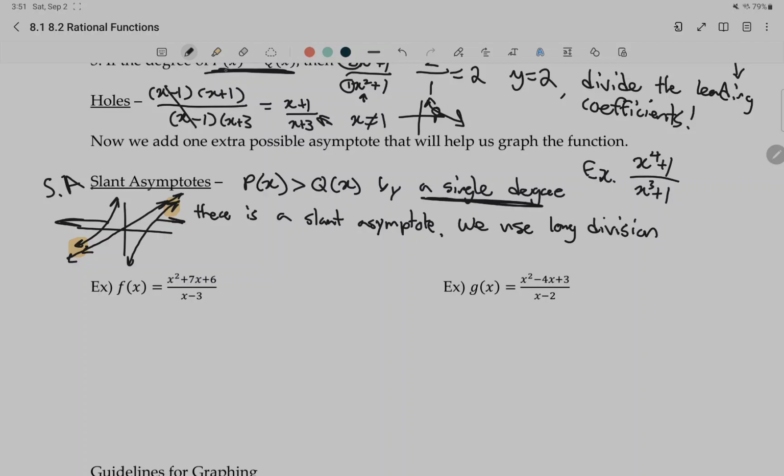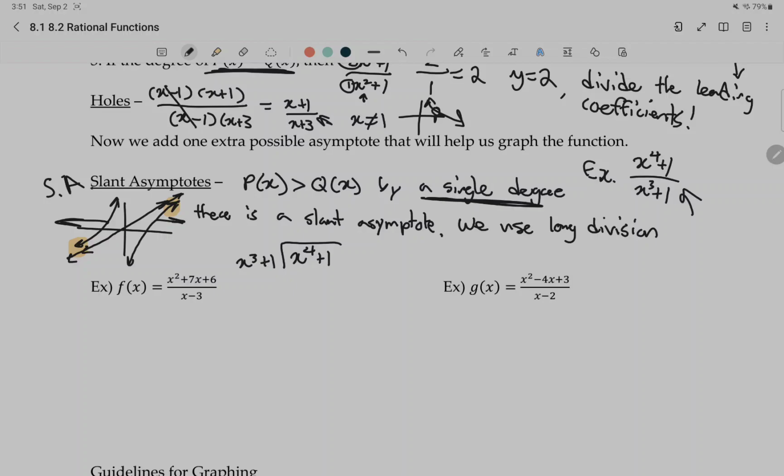Oh, and it should be important to note that, actually no, this is fine. This works. We use long division. That's right. Okay, so let's use our example once again. So we have x to the 4th over x to the third plus 1.